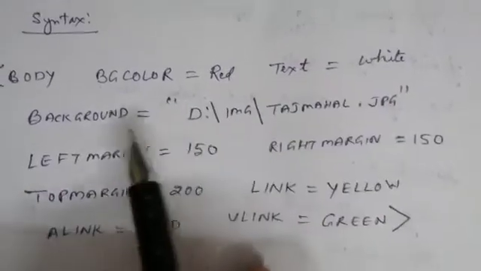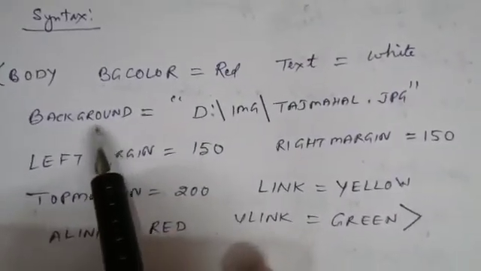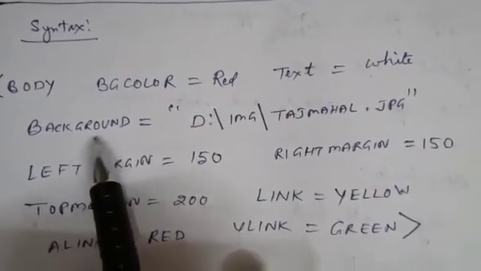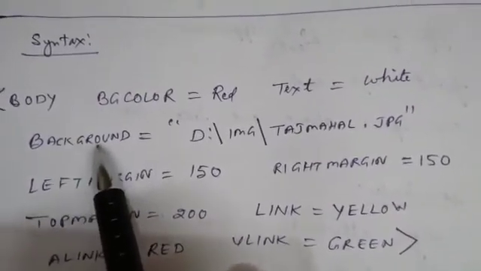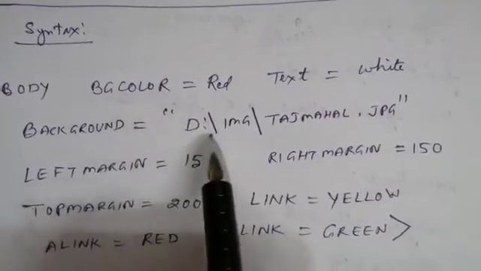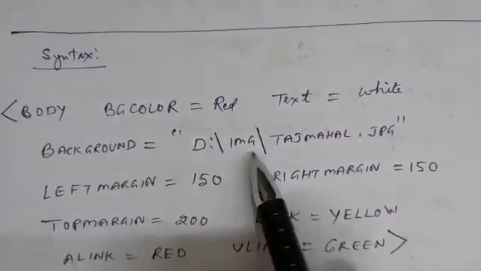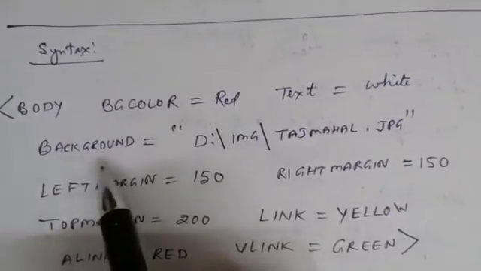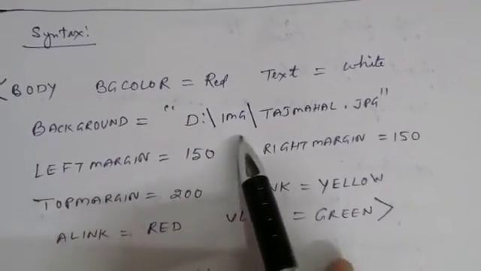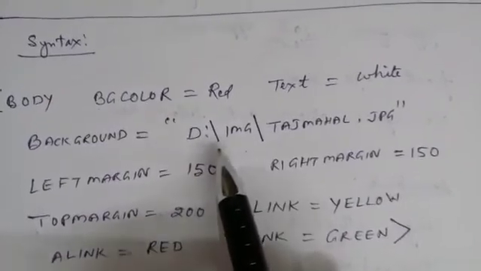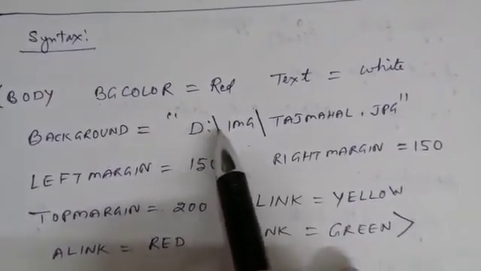d:\img\tajmahal.jpg. A very important thing to know: when you use the background attribute of the body tag, it takes as a value only an image file. Whenever we use background, we need to specify the path of the image, where we are taking the image from. To specify the path, we put a backward slash.